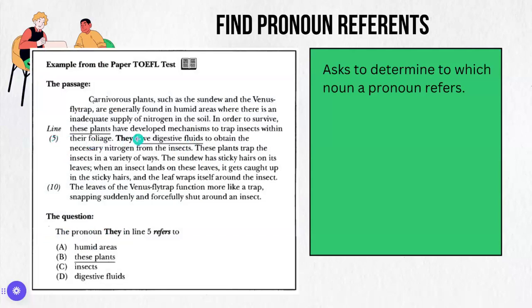Yeah, so I see that here's a pronoun. In the exam, the word will not be in bold letter, but it will tell you in which line and paragraph the pronoun can be found.